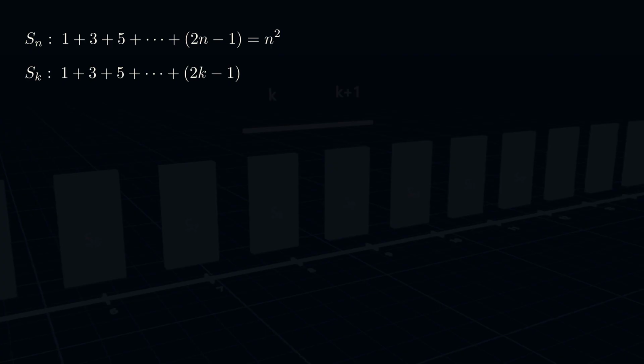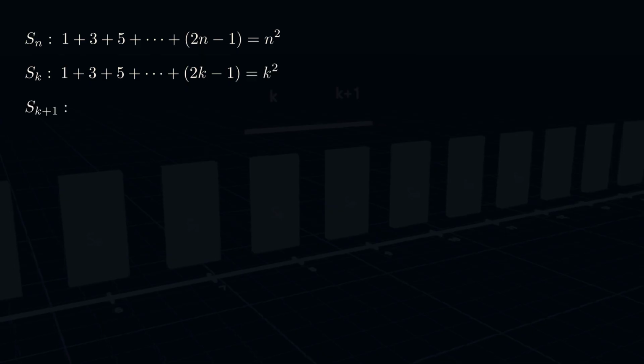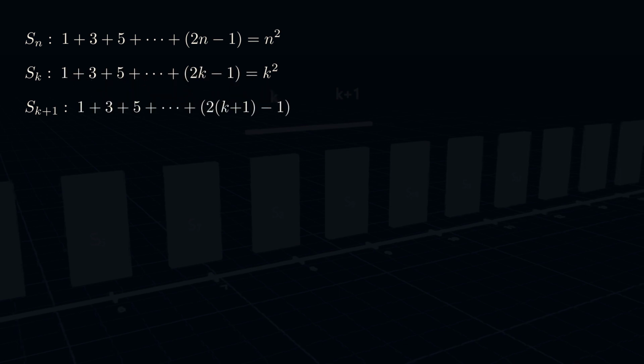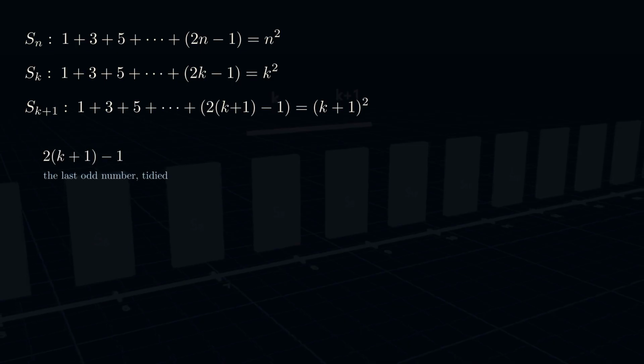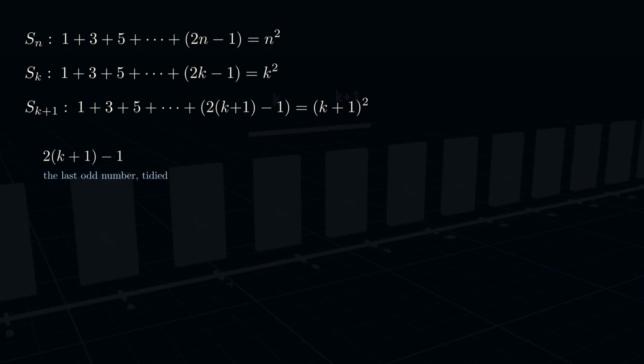1 plus 3 plus 5 up to 2k minus 1 equals k squared. And Sk+1 is the same sentence with k plus 1 in place of n. Do that substitution carefully, because this is where people slip. The last odd number on the left becomes 2 times the quantity k plus 1, minus 1.